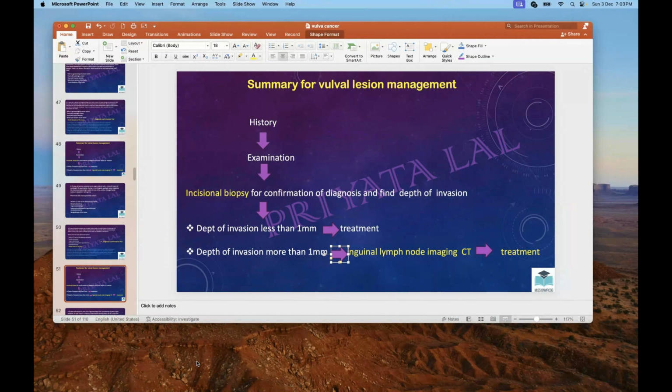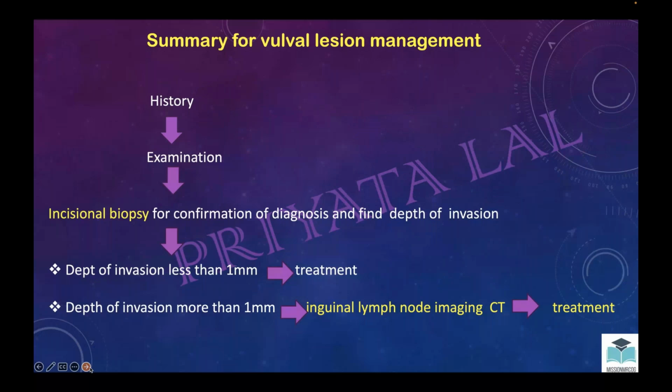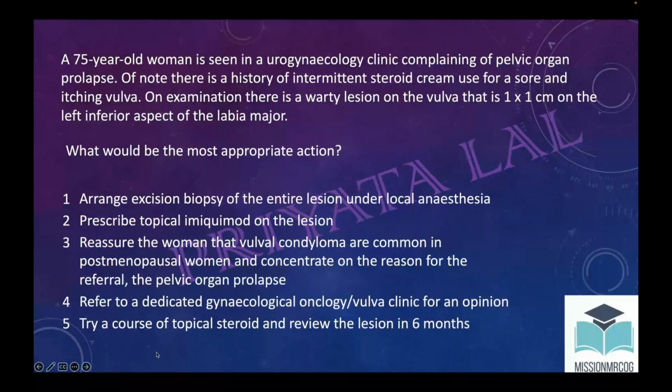A 75-year-old woman in urogynec clinic with a pelvic prolapse, and there is a history of intermittent steroid use. On examination, there is a 1 into 1 centimeter lesion on the left anterior aspect of the labia majora. What will be the most appropriate action?